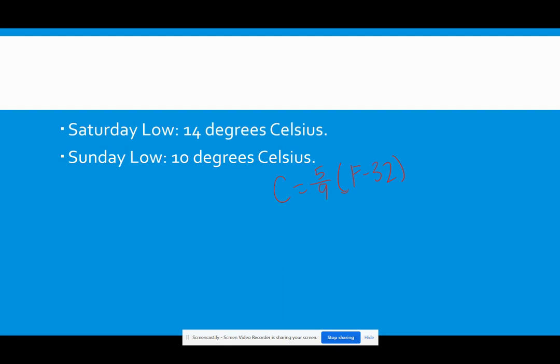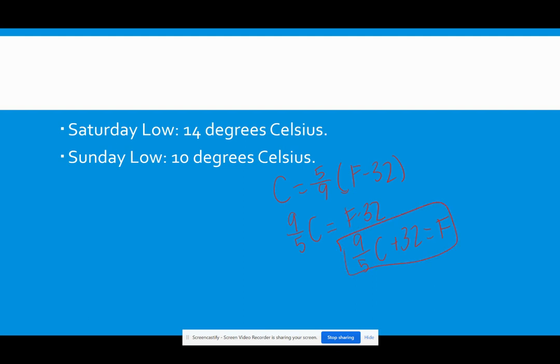So we're going to multiply both sides by 9/5. And then we add 32. So 9/5 C plus 32 equals F. And that's our formula for finding degrees Fahrenheit.